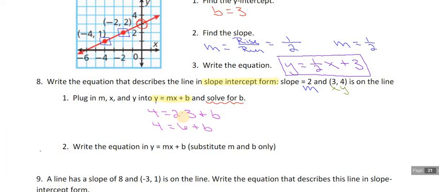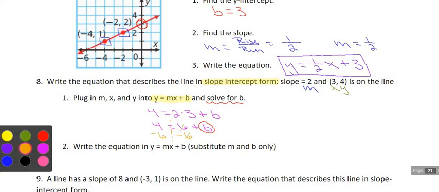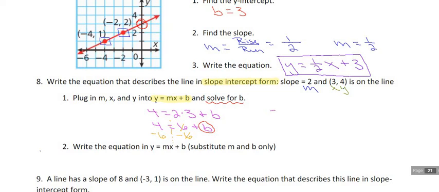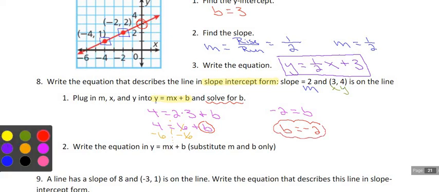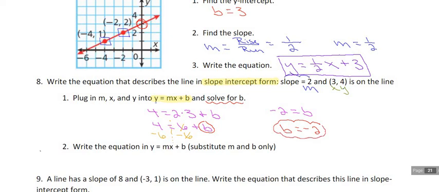And now if I solve for b and I get b alone, I would need to get rid of the 6. And I would need to subtract 6 from both sides. So that's going to leave me with -2 equals b. Therefore, we would say b equals -2. Okay, so we've got our y-intercept that we need. We have the slope that we need for our slope-intercept form.